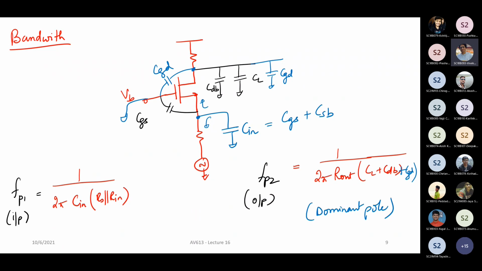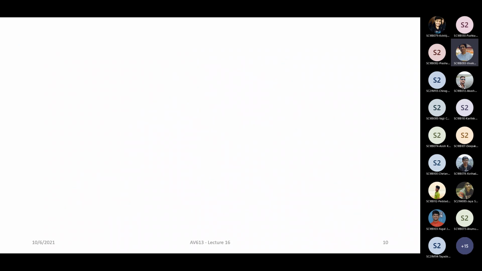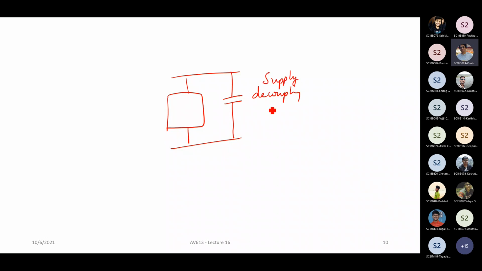Yes. So what people do is put decoupling capacitors. Let's say you have the circuit. This is VDD and this is ground. You put a capacitor between them; this is what is called a supply decoupling capacitor. You would see this on PCB designs too. It's not just supply decoupling; it also helps in RFI and EMI filtering.